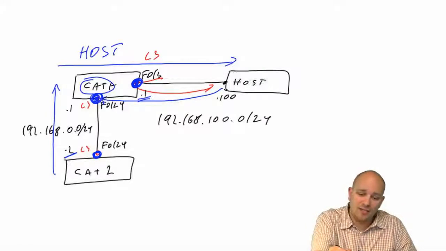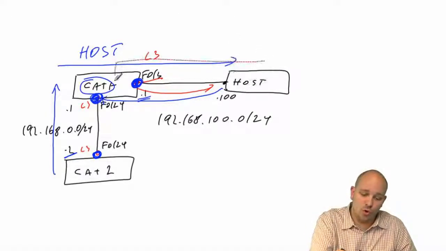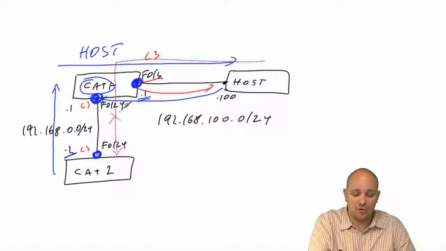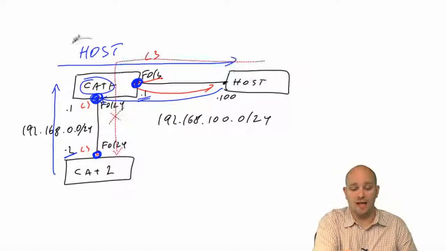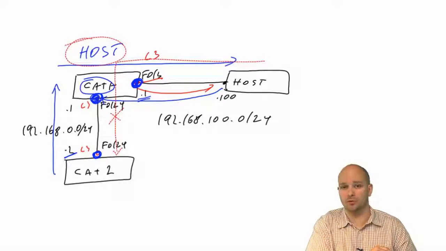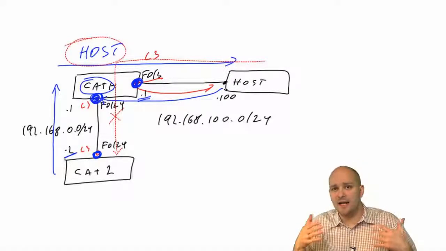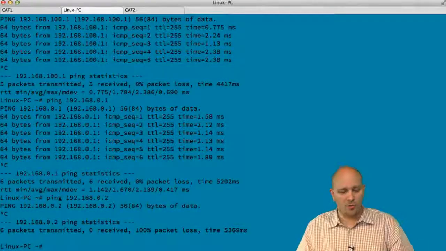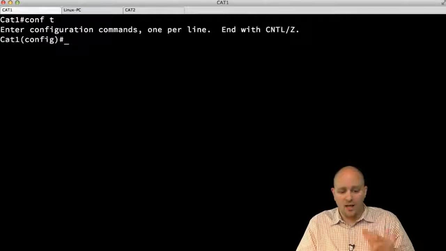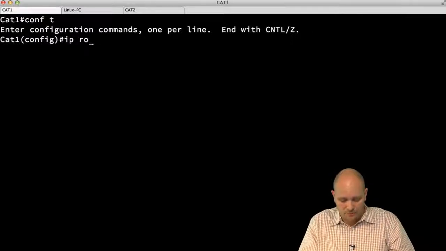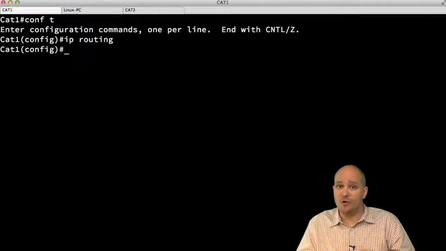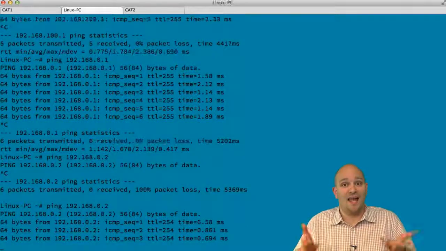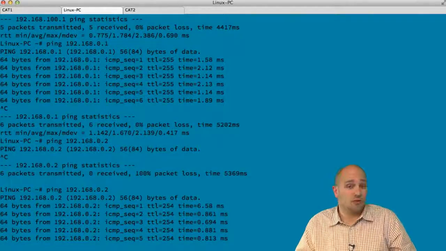But when I try to send the traffic that's supposed to go through Cat1 and out to Cat2, this traffic is not going to be transmitted because IP routing is not enabled on the host. So let's enable the IP routing functionality on our switch. Going back to my terminal, on Cat1, the command to do that is very simple: ip routing. This is the only thing I have to do. When I go back now and start sending the ping, I can see that ping actually works.